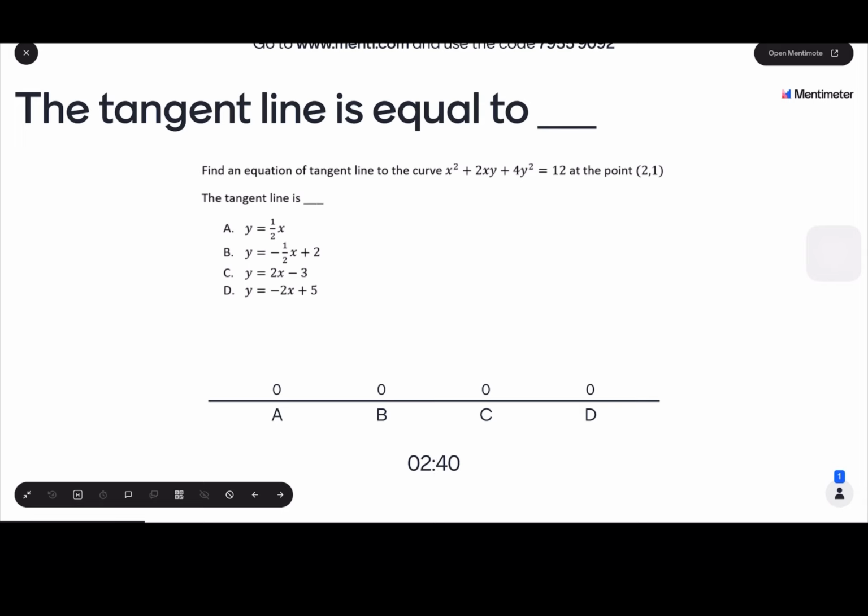I hope the time is okay, around 3 minutes. Already 3 students submitted very fast.